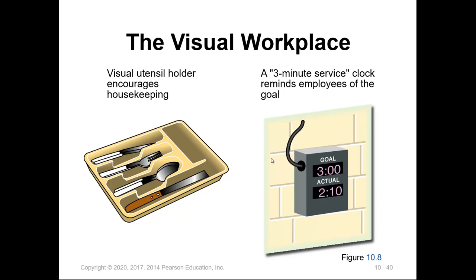We also have here in the slide a 3-minute timer that serves as a reminder of the employees' goal, so they make sure they finish within those 3 minutes. Again, this is to remind the employees of their goal so they can finish within the given time.